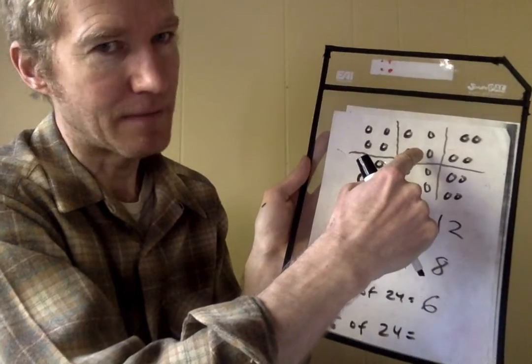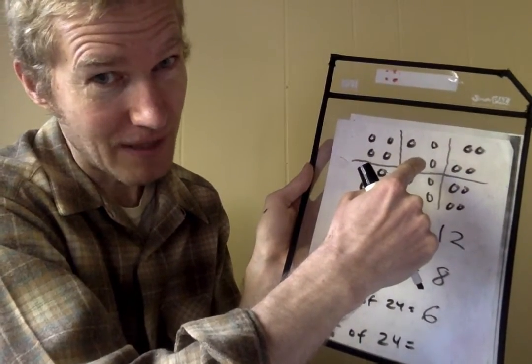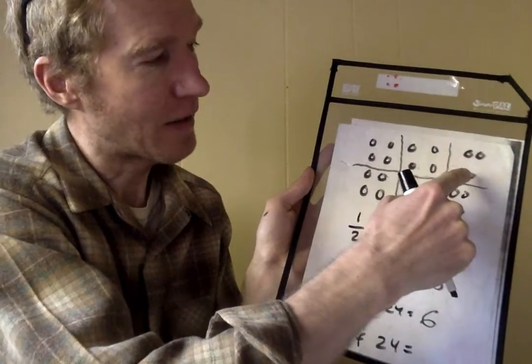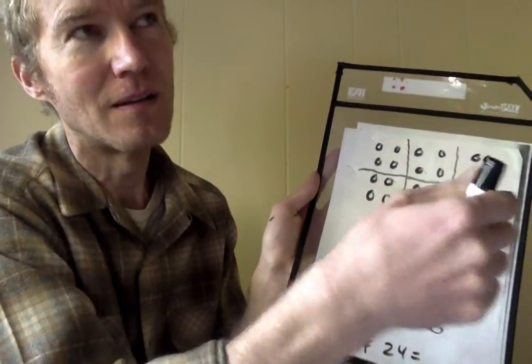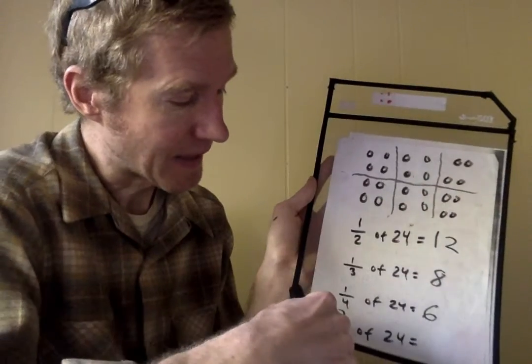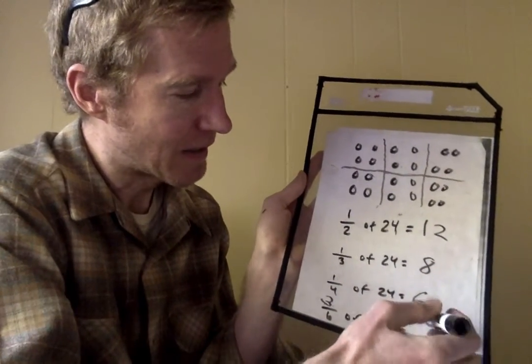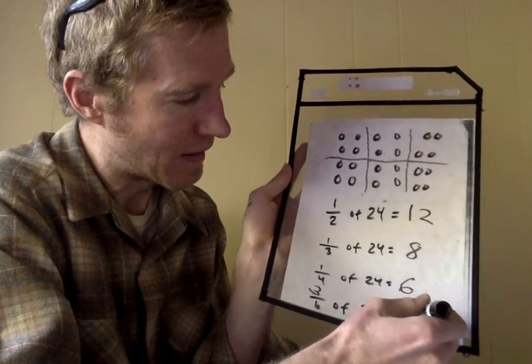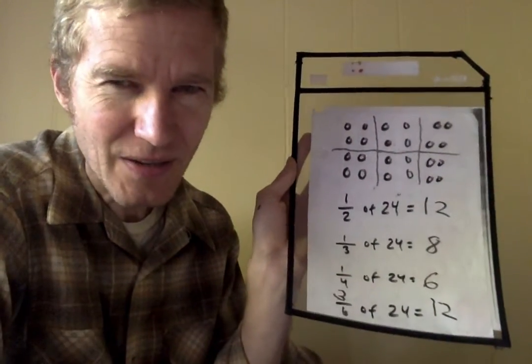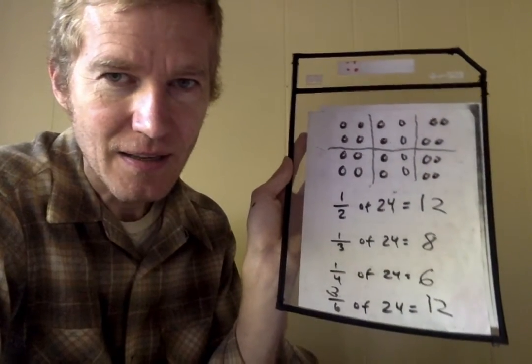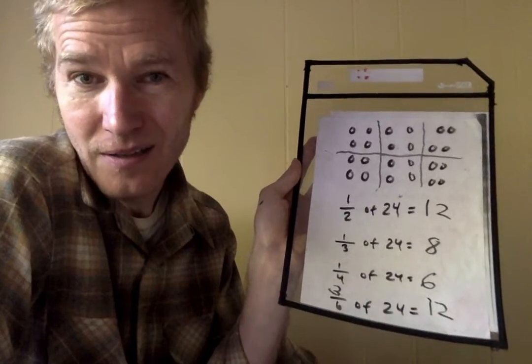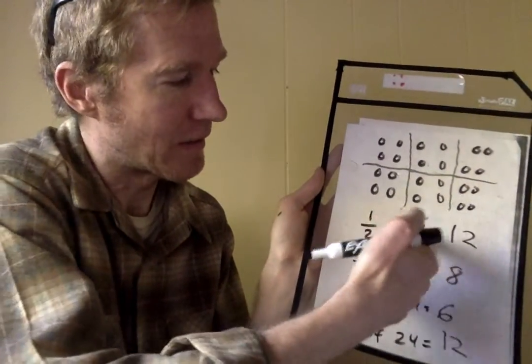This one's got 4 more. That's 8. This one's got 4 more. That's 12. 3/6 of 24 is 12. Which makes kind of sense, right? Because 3/6 is really also known as a half. Half of 24. Oh, we already figured that out. It's 12.